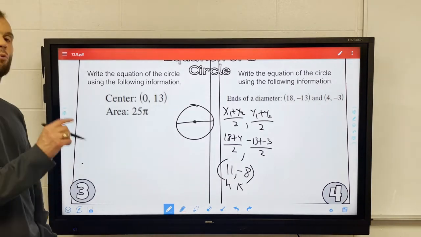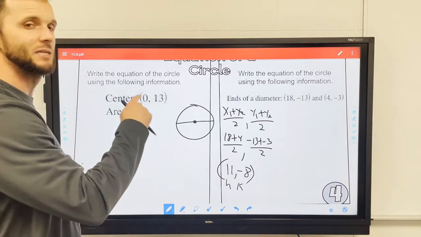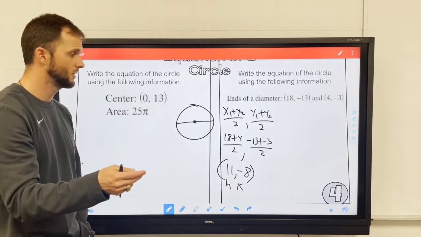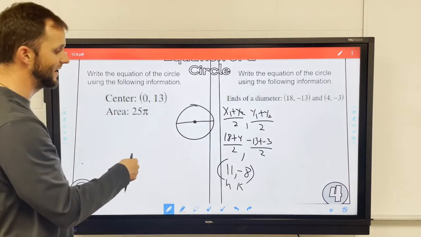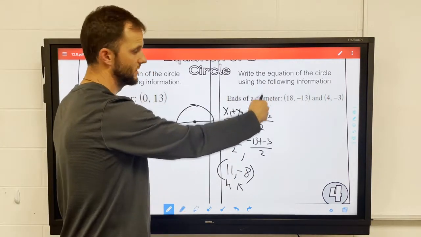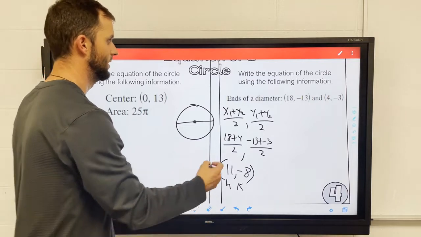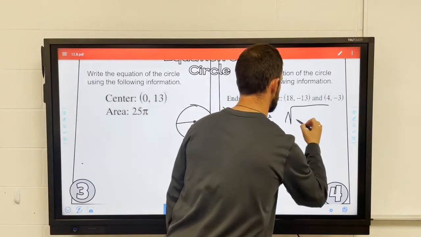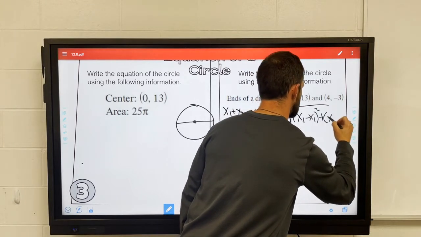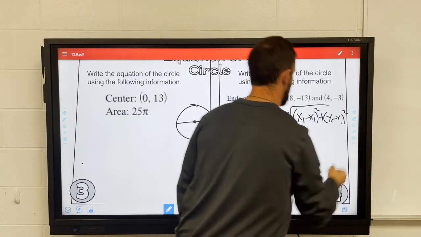Now I need to find my radius by doing the distance formula here, correct? But I need to find half of that. So now I need to find the distance from the center to one of these here, okay? So I'm going to use the distance formula. The distance formula is going to be x2 minus x1 squared plus y2 minus y1 squared, okay?